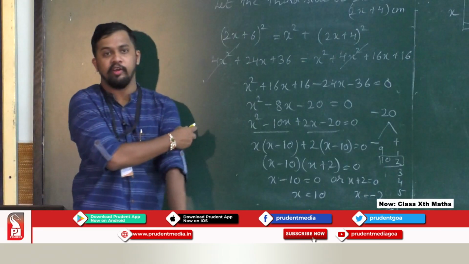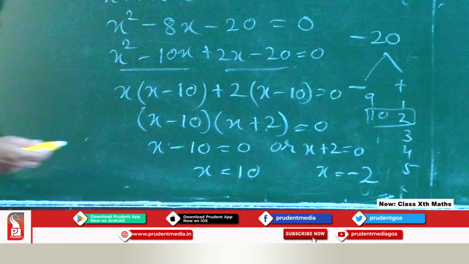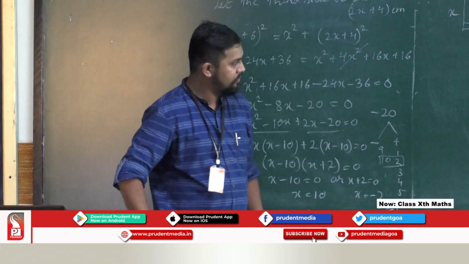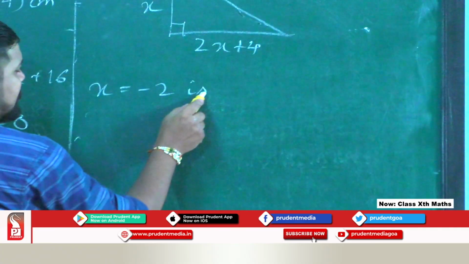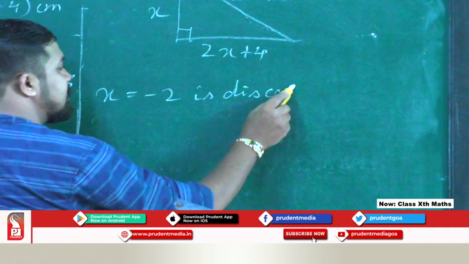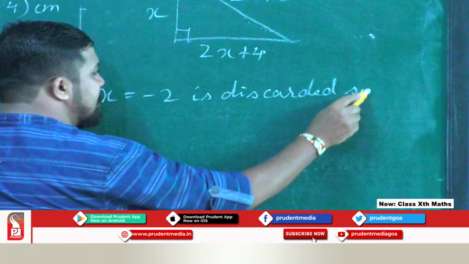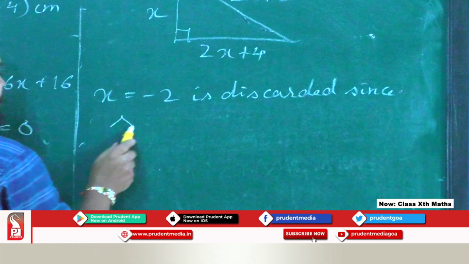So out of this, which one do you have to discard? The negative number you have to discard. So x equal to minus 2 is discarded since a side cannot be negative.